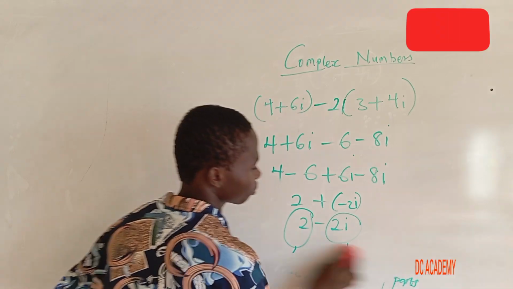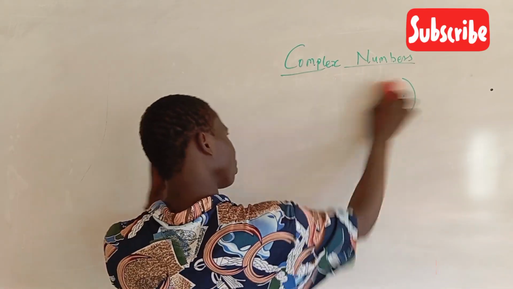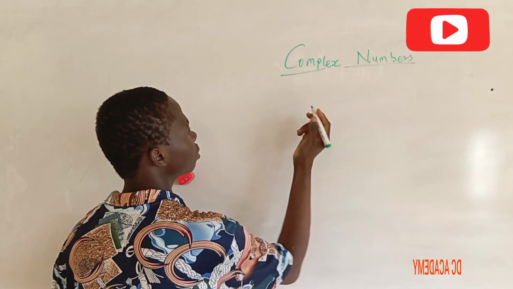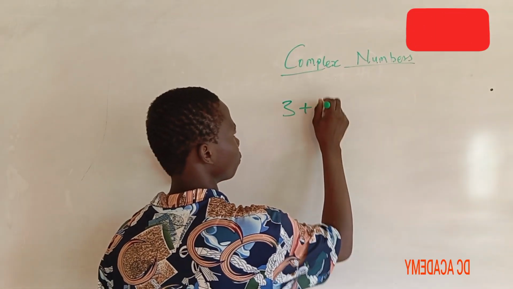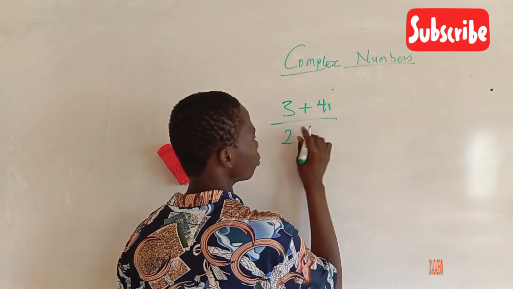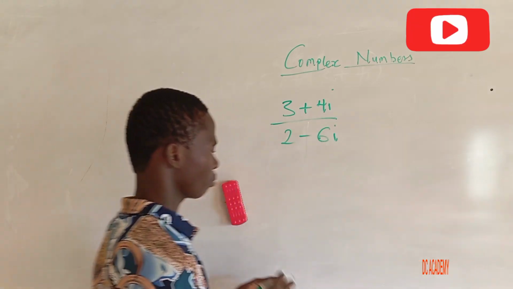Now let's go a bit deeper in this. For instance, a question like this. Okay, 3 plus 4i all divided by 2. Okay, let me change this. Minus 6i.